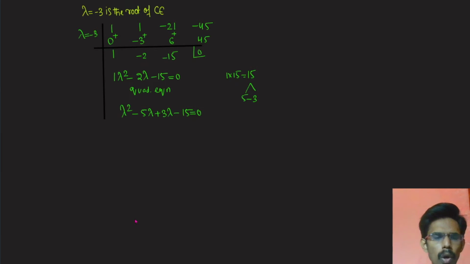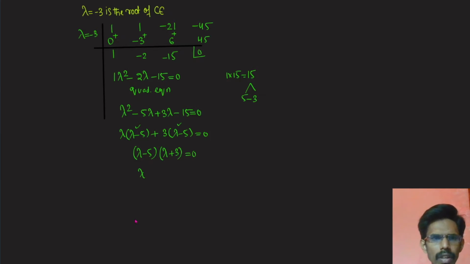Now take common from two terms. We have lambda common, we have lambda minus 5. Here take 3 common, we have lambda minus 5 is equal to 0. Since these two are common, take lambda minus 5 common, we have lambda plus 3 is equal to 0.